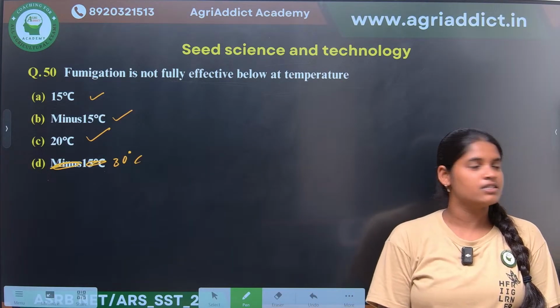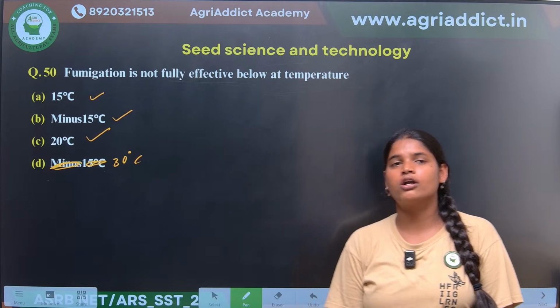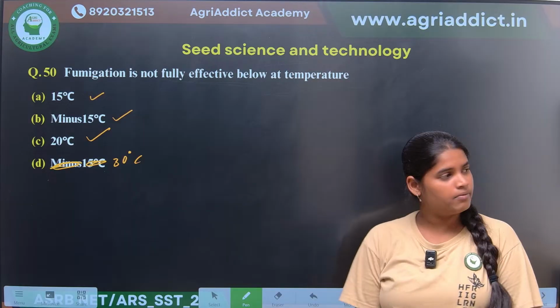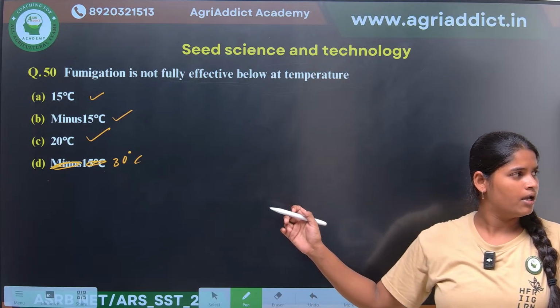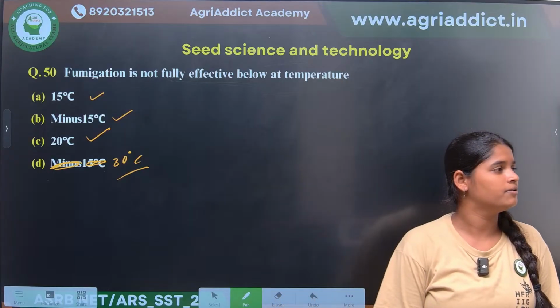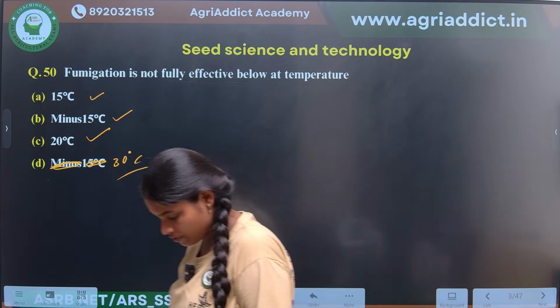Answer it fast. At what temperature is the fumigation not fully effective? Somebody answered D, 30 degrees, and others.